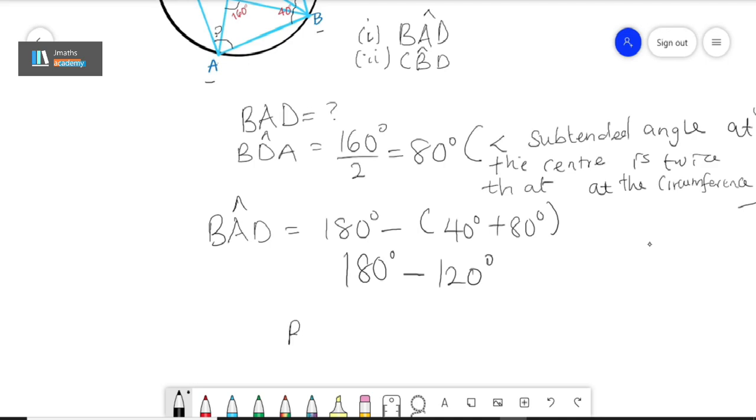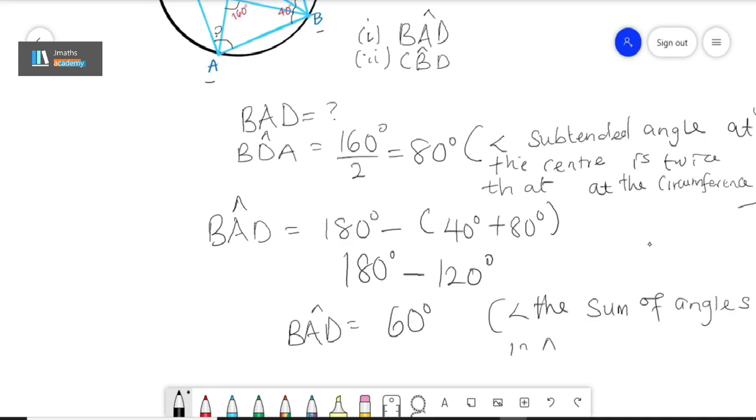The angle BAD is equal to 60 degrees. The sum of angles in a triangle is 180 degrees.